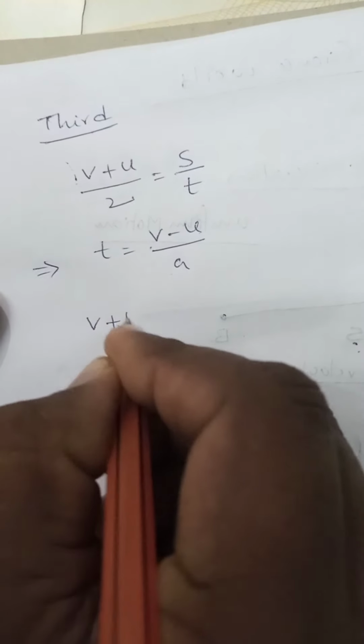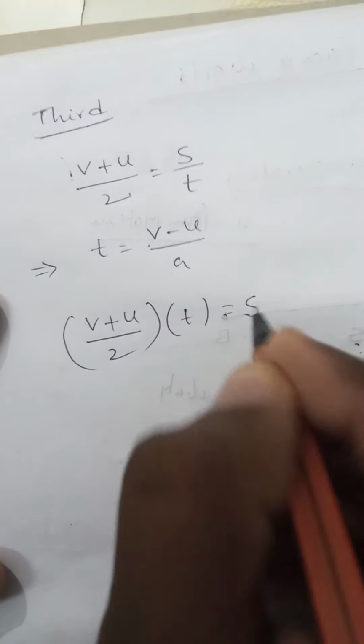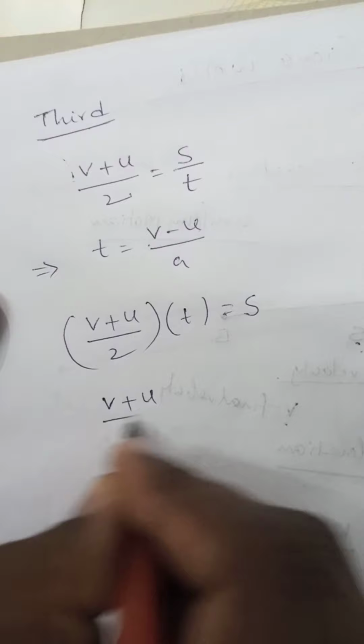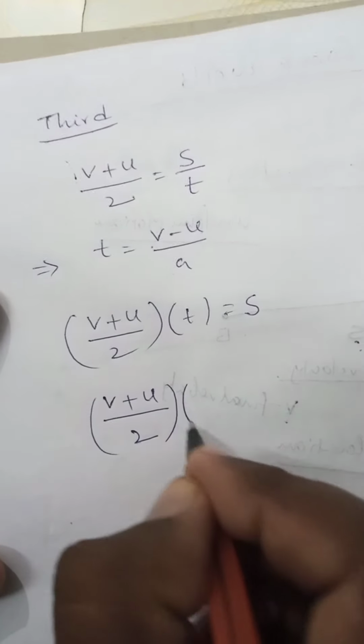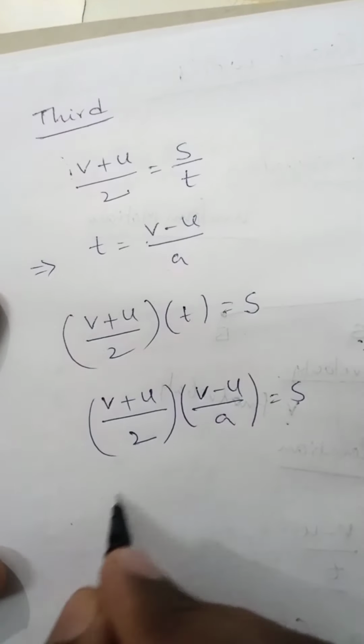So third, we know that average velocity (v plus u) by 2 equals s by t. From the first kinematic equation, t equals (v minus u) by a. So (v plus u) by 2 into (v minus u) by a equals s.